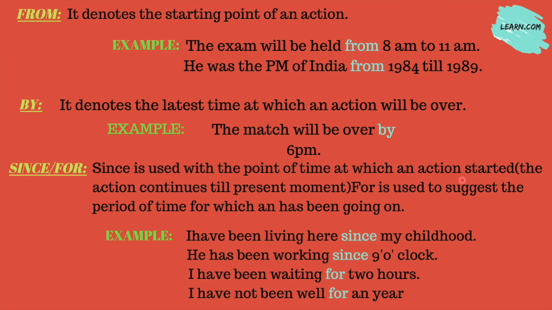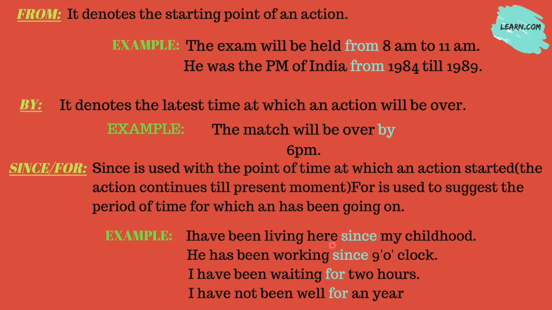But we use for to suggest the period of time for which an action is going on. For is used to suggest a duration, a time period. But since is used to represent the starting point of an action. The examples will make it more clear.